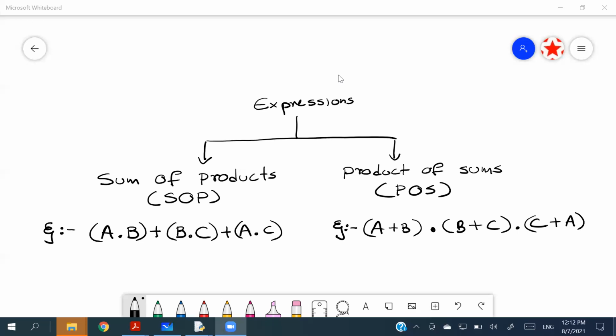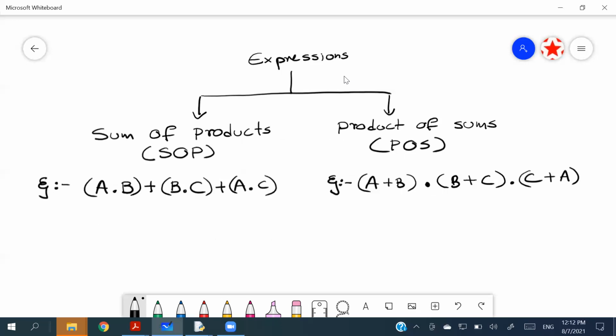Right, people. Okay, the problem is solved now, right? Okay, so below this I'm going to write you another expression. Later I'll tell you what's the difference of these two things, right? So now look at this expression that I'm writing, right?